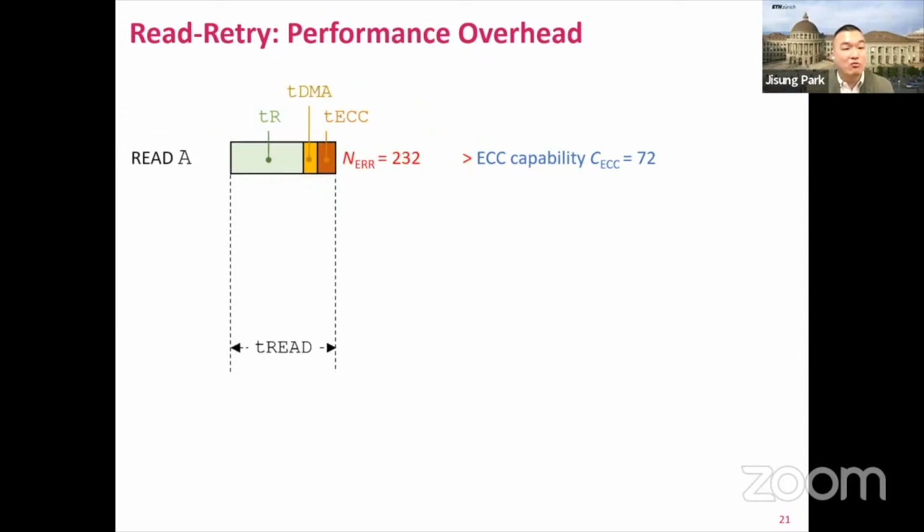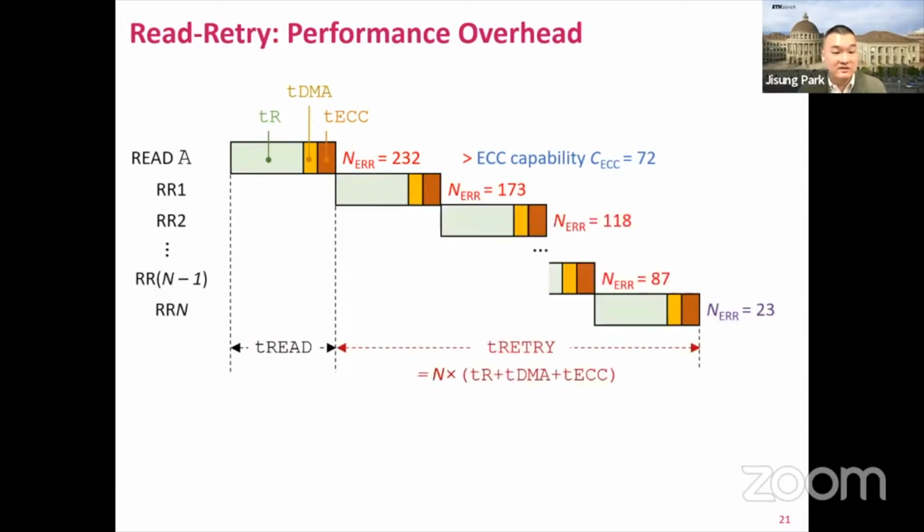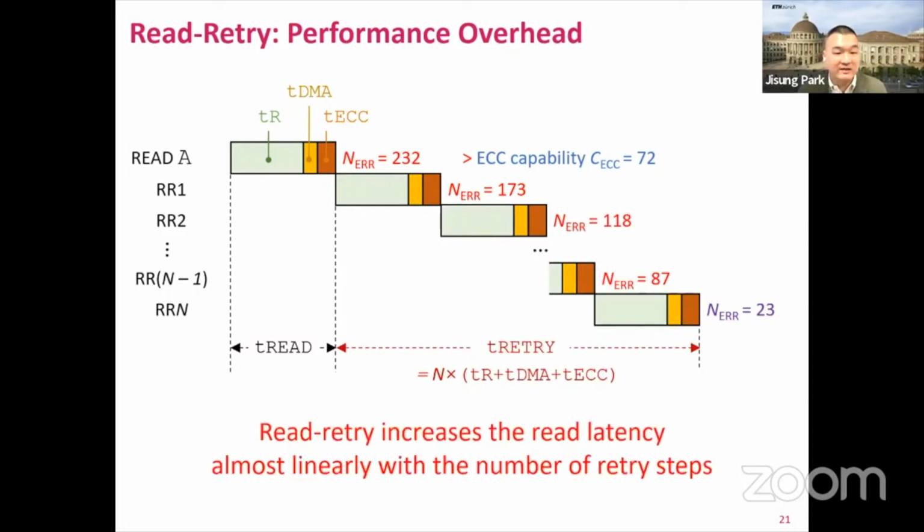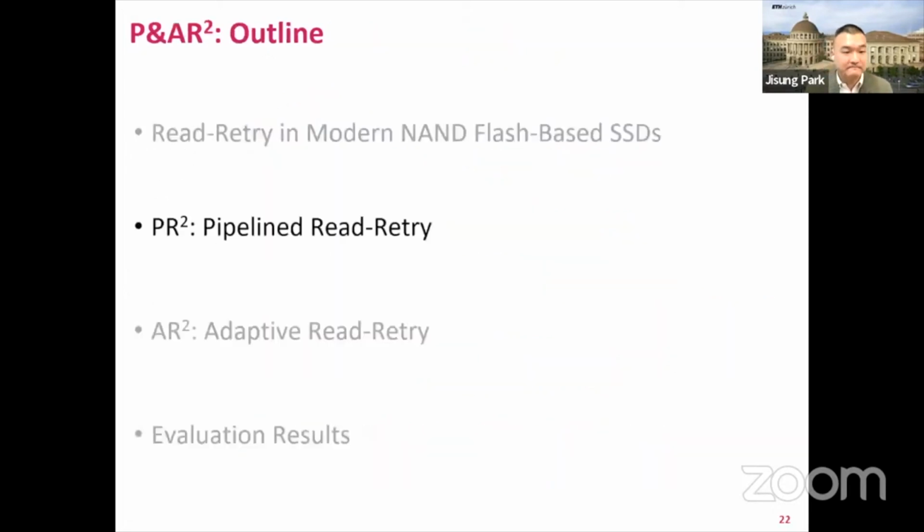However, when the number of raw bit errors is higher than the ECC capability, the flash controller performs multiple read-retry steps until it reduces the number of bit errors to be lower than the ECC capability. This in turn increases the read latency almost linearly with the number of retry steps.